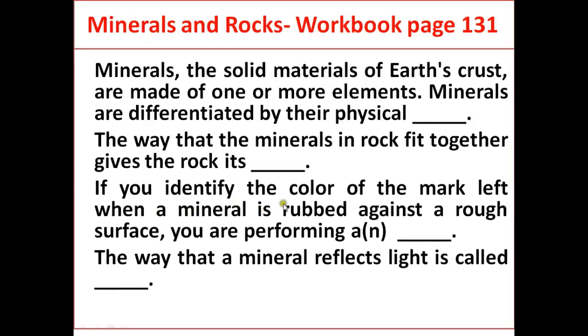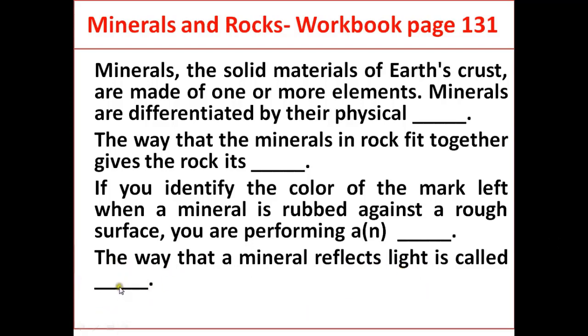If you identify the color of the mark left when a mineral is rubbed against a rough surface, you are performing a dash. So here we are again going to find the appropriate word for this answer. The next is: the way that a mineral reflects light is called dash.